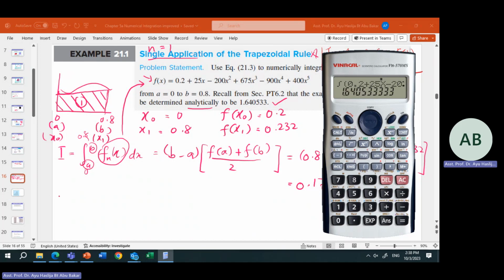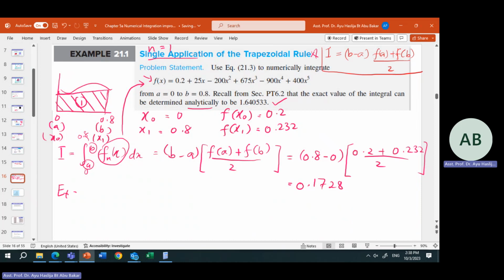So to calculate the error, we use the symbol Et. Et here is the true value minus the approximate value, not yet the percentage.